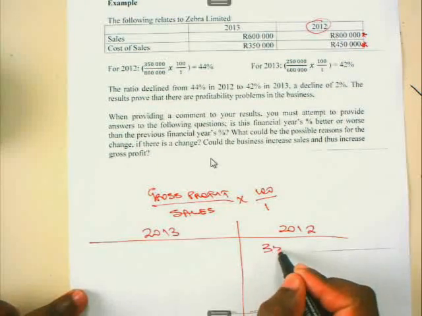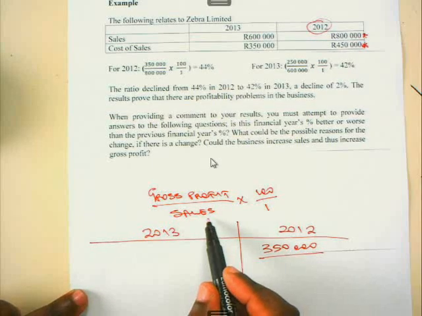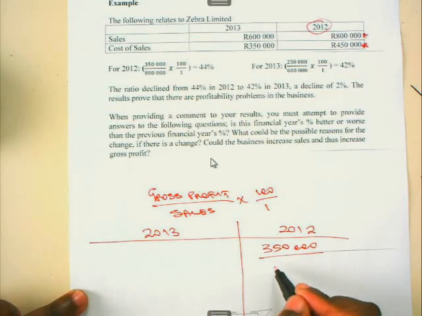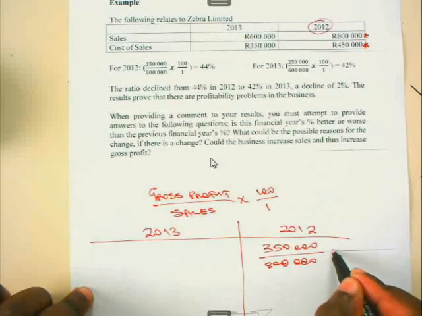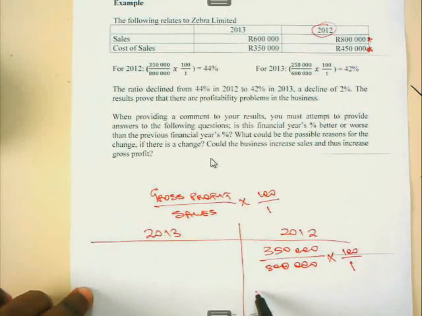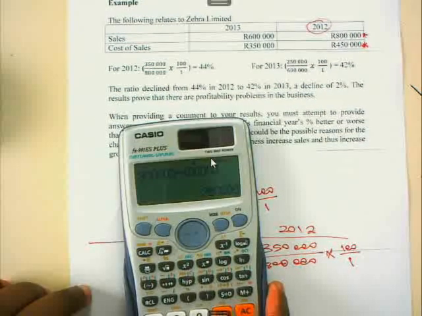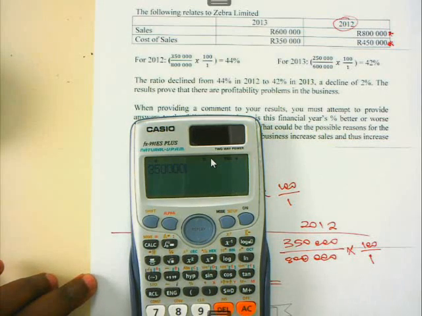It will be 350,000 divided by sales of 800,000. We multiply that by 100 over 1.